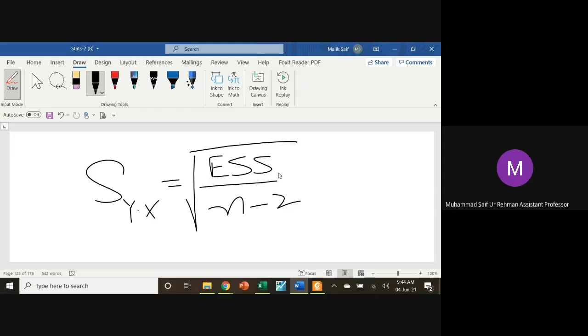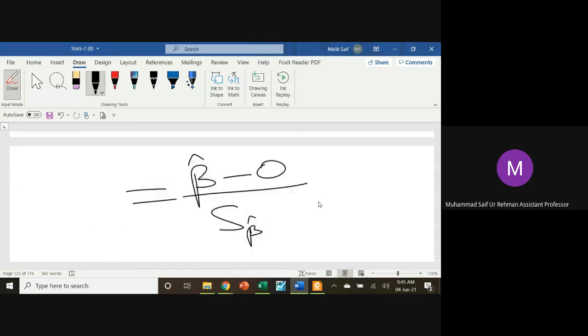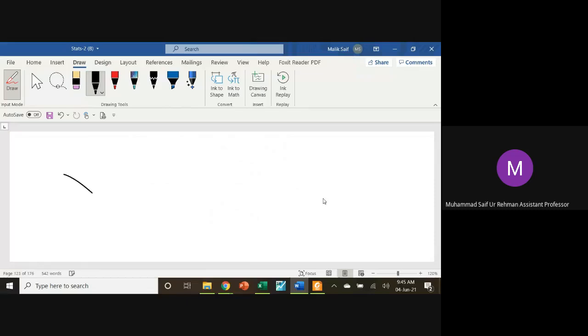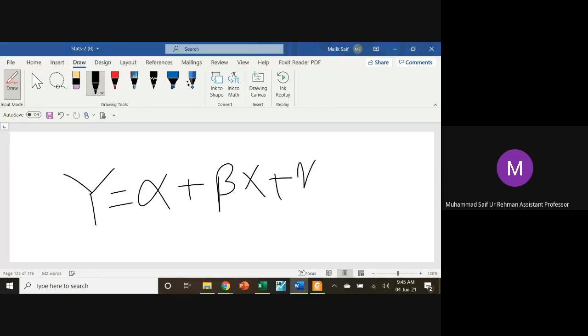a single independent variable. So for different estimates, let's say there is an equation like this, y is equal to, multiple regression analysis. In that you will see plus beta x1 plus, let's say, gamma x2, plus mu i.